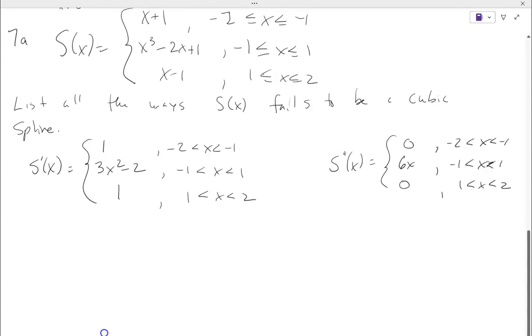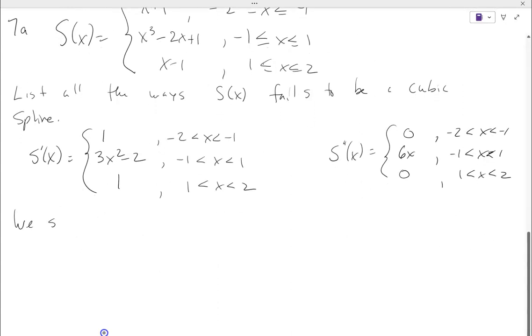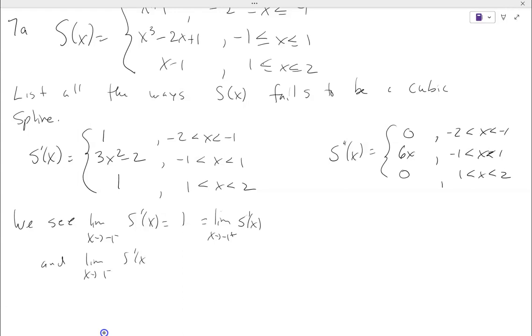So just to write that down, we see that the limit as x approaches -1 from the left is 1, which is also the limit as x approaches -1 from the right. I'll do it this way, just because it matches the direction that we're thinking of the things coming from.